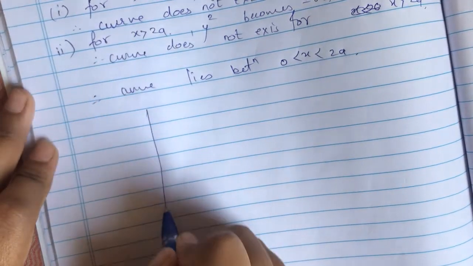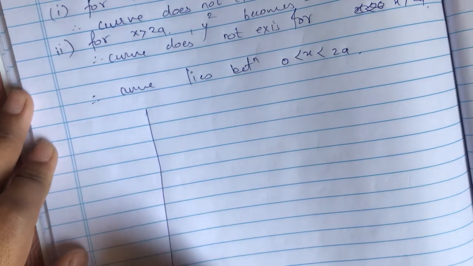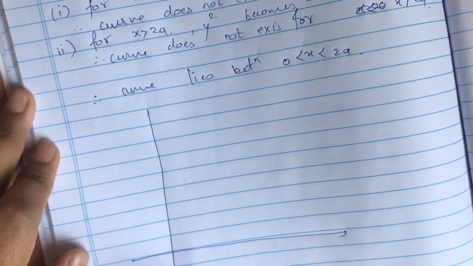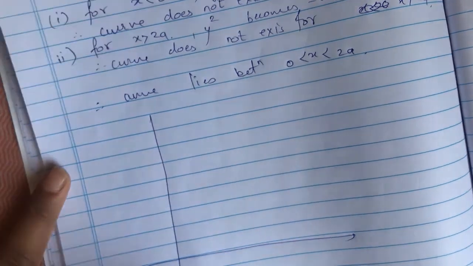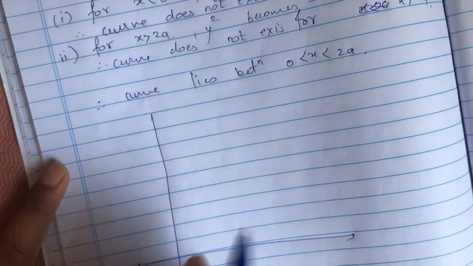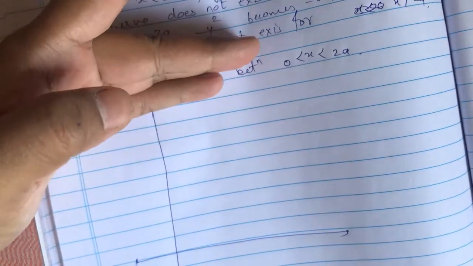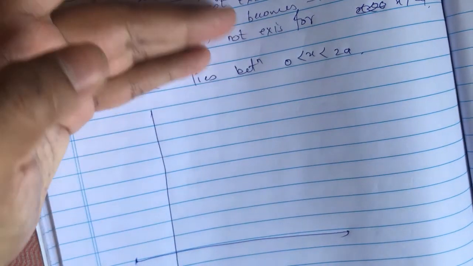Now we will try to draw the curve. Okay, so see, now what we have got, it is symmetric about x-axis. So whatever the curve we will draw in the upper part will be same in the lower part. Now the first thing we have got about this curve is symmetry.